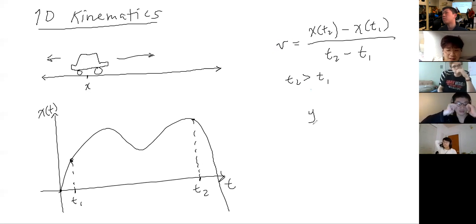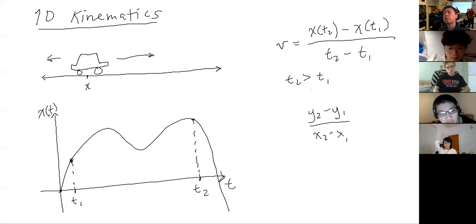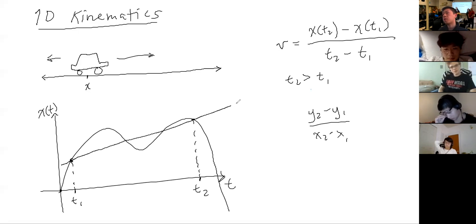Because you guys should know that slope is just y2 minus y1 over x2 minus x1. It's the change in y over the change in x. But in this case, our function is x of t, and then the x-axis is t. So then we can kind of draw a slope here. Right. All right. So then this is going to be our slope.